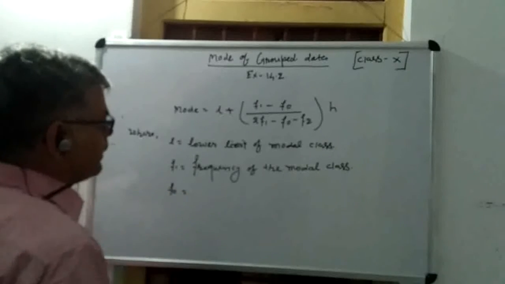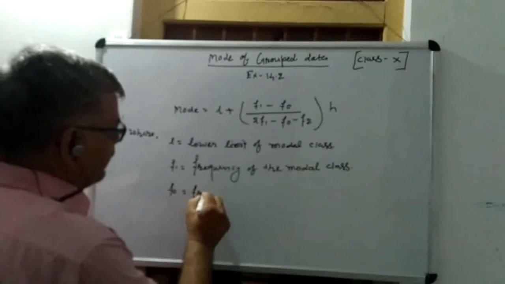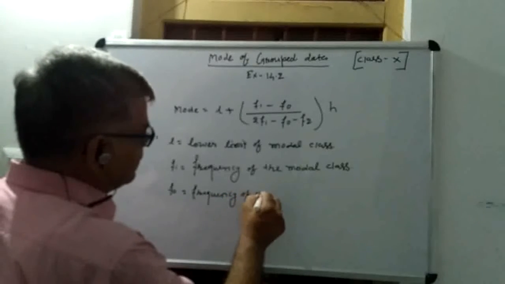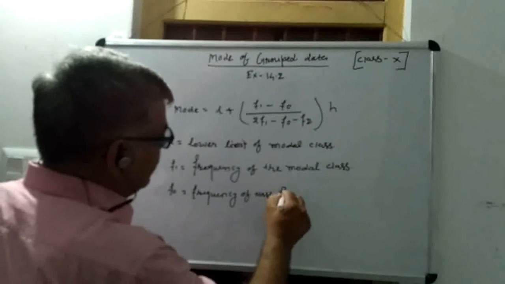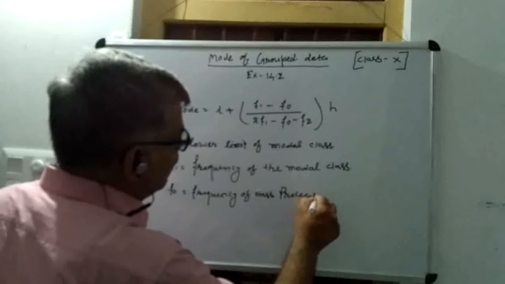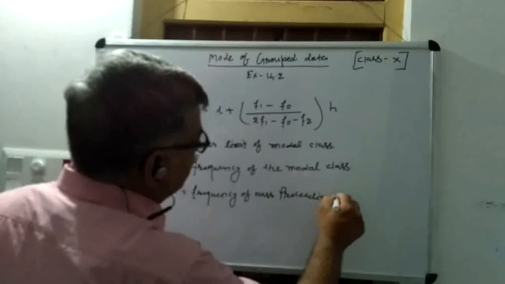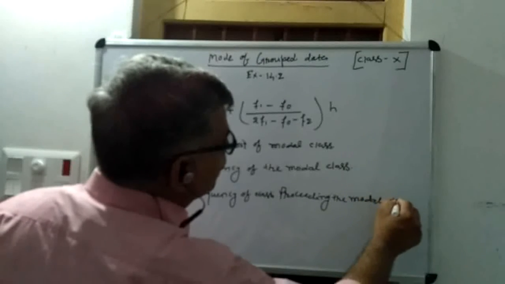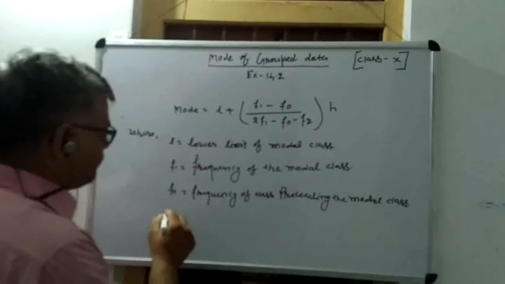F0 represents the frequency of the class preceding the modal class.